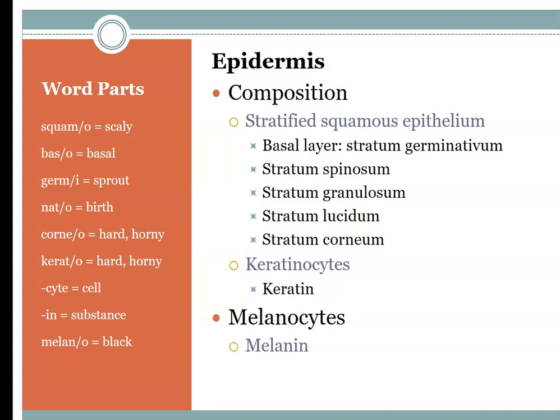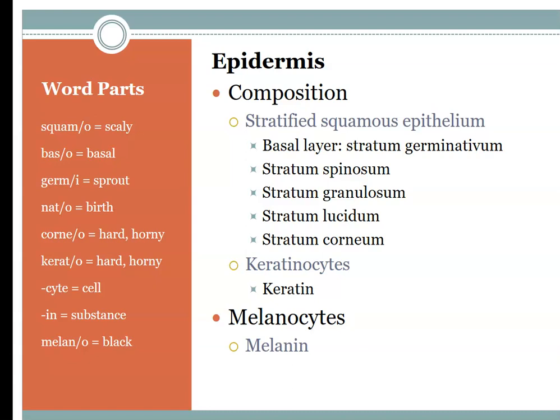The deepest layer of the epidermis is the basal layer, also referred to as the stratum germinativum. This is the site of continual new growth for skin cells, along with the production of the substance melanin, which gives skin its color. The melanocytes produce a dark pigment called melanin.